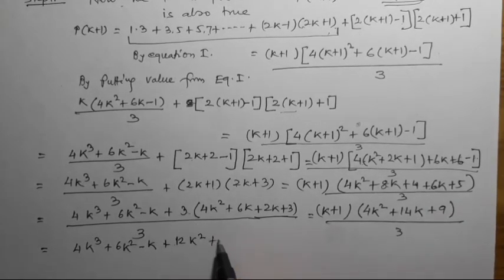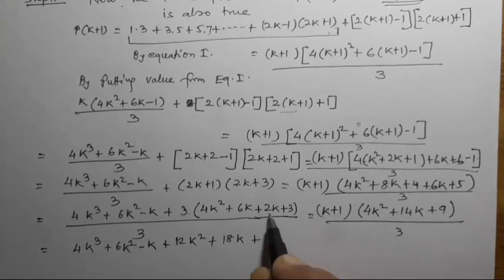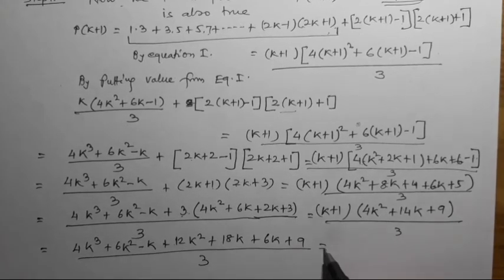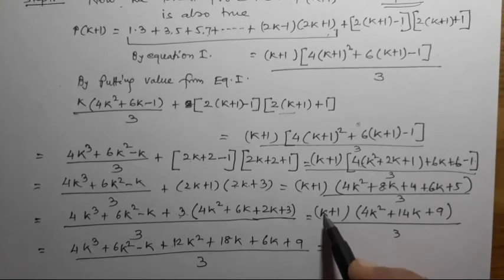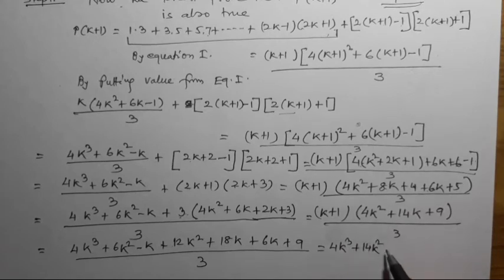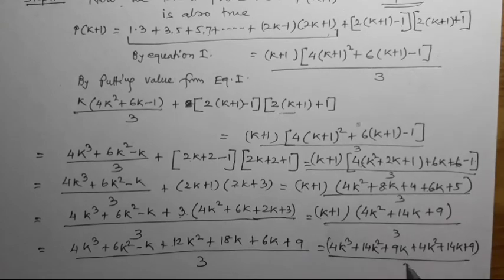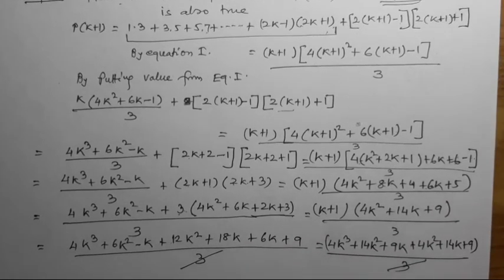And 6 into 3, 18k plus 6k plus 3 into 3 is 9, by 3, equal to, if we multiply by k, it will be 4k cube plus 14k square plus 9k, and from 1 it will be 4k square plus 14k plus 9, by 3. This 3 and this 3 will be cancelled.